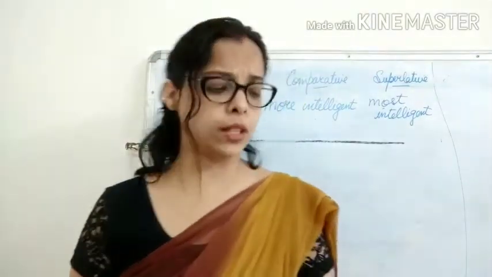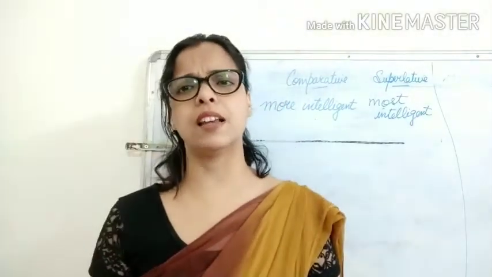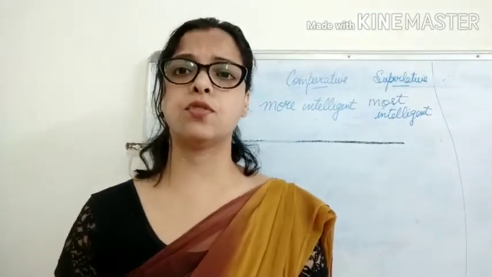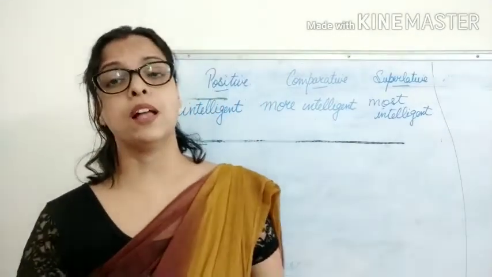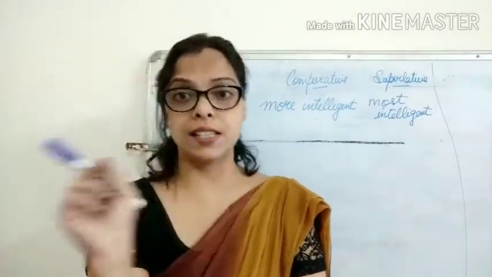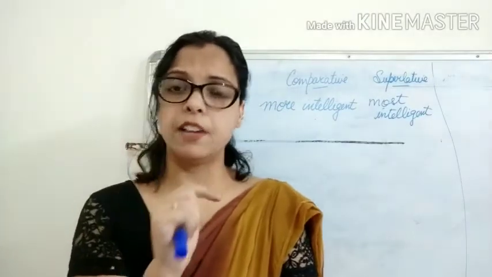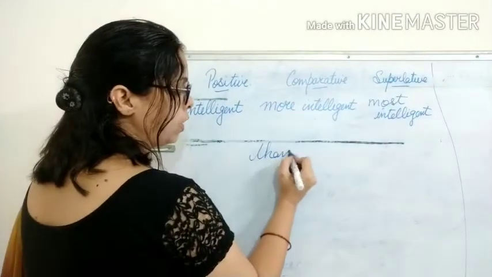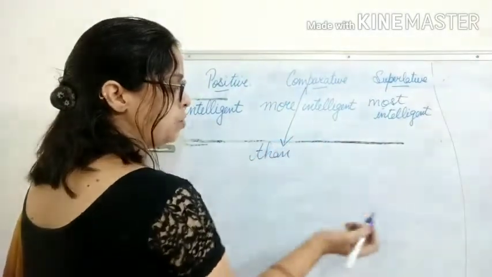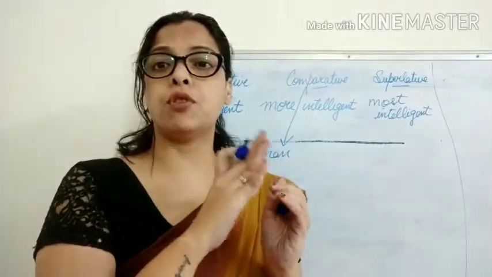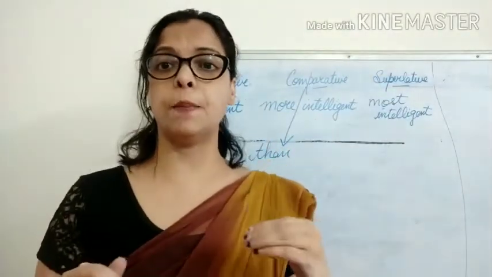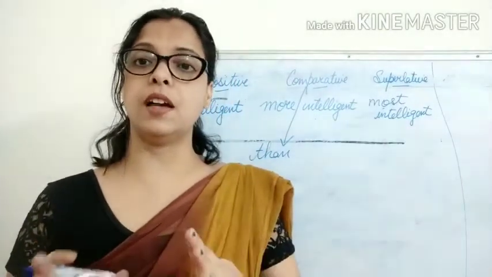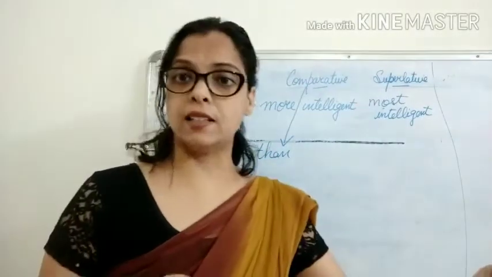And one more thing, children, that you will obviously learn in higher classes, but because I am teaching you comparative adjectives, I would like to add this also. When we read sentences, we'll find that in the comparative degree you always see the word than. Like Reena is more intelligent than Seema, Ram is taller than Mohan, Riya is more beautiful than Seema.